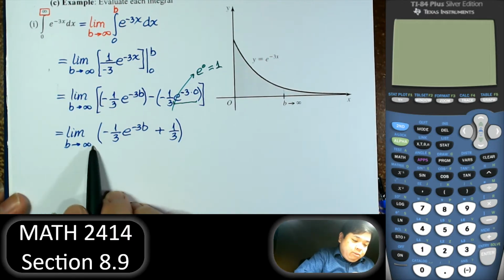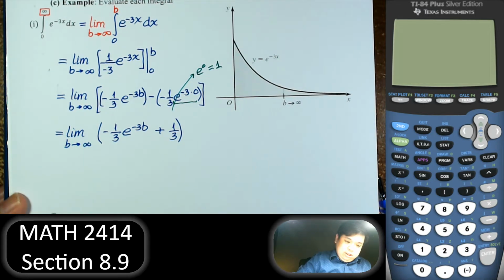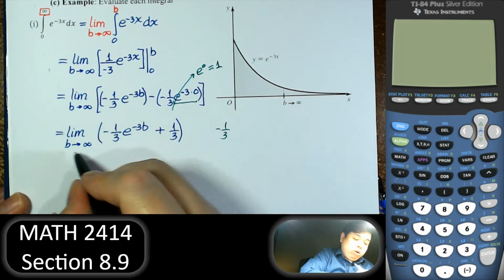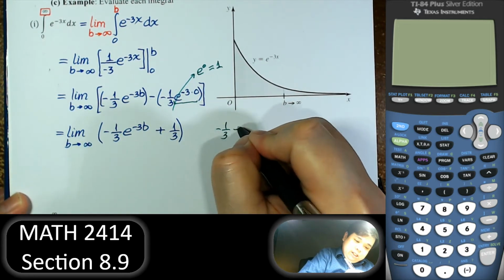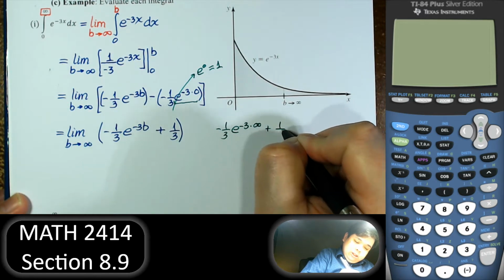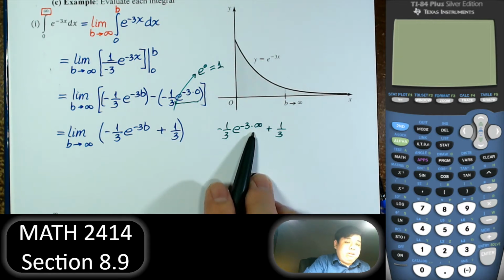So now we have put infinity in here. That's why I'm not going to write equal to here. So if we put infinity, that's what we will have.